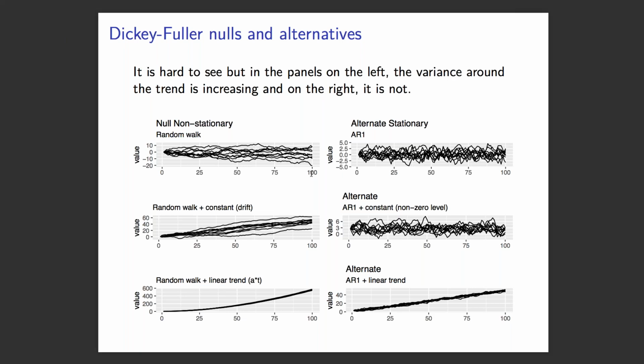And this one, we have that constant, plus a linear trend, which is just some constant times time, and now it looks like it's going upwards. It's hard to tell, but the variance here is increasing because it's a random walk. And all alternatives are going to look like this: fluctuating around 0, fluctuating around a level, and then fluctuating around a linear trend.